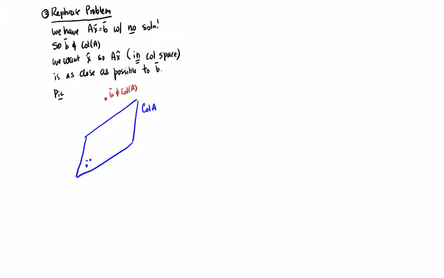And what we want is something that is in the column space of A. Now remember, the column space of A is all the linear combinations of the columns of A. It's all the A times something. And so we want something in this blue plane which is as close as possible to b. So the choice that gets suggested is this one right here. This point is in the column space of A and as close as possible to b.